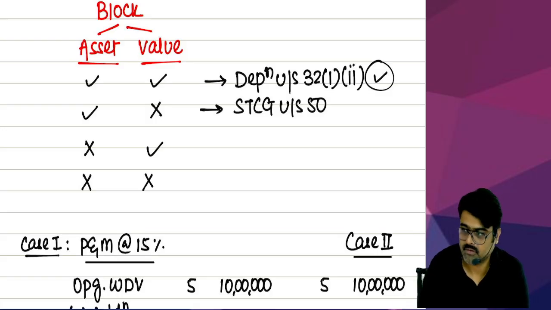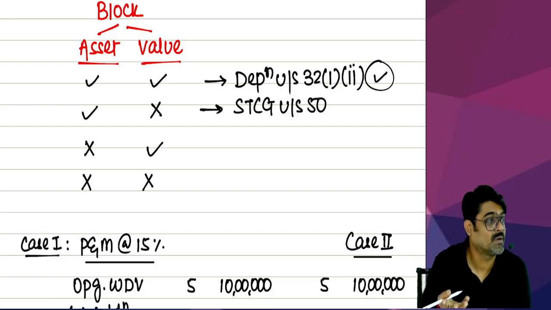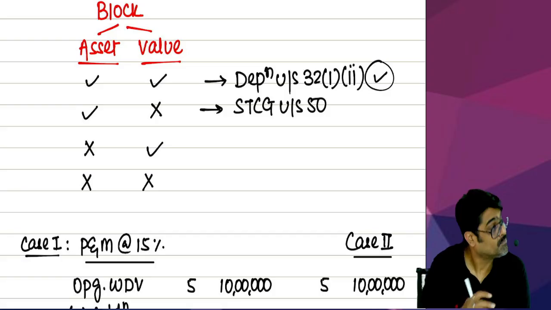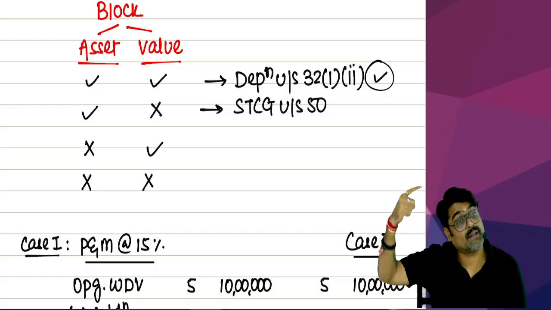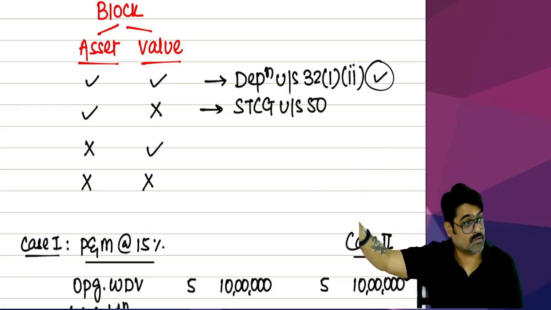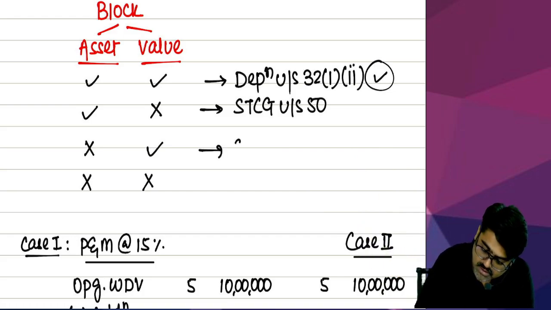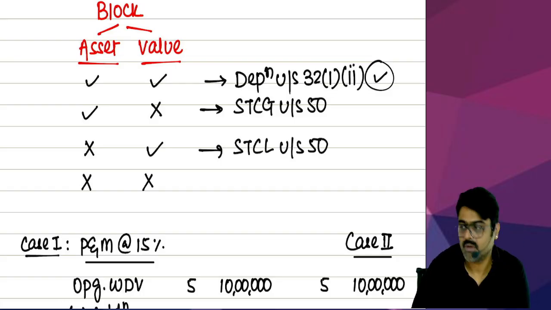Now, third case. Block has assets or no assets? No asset, but value still remains, which cannot be allowed in the form of depreciation. So that much amount of cost still remains to be claimed in the form of depreciation, which cannot be allowed in the PGBP head. Now you claim it in the form of capital loss. As per section 50, that will be treated as your short-term capital loss under section 50.